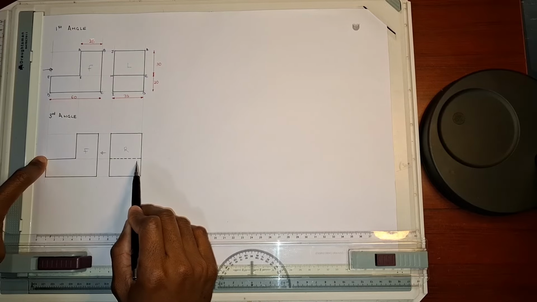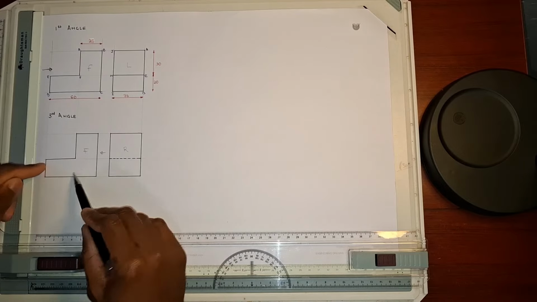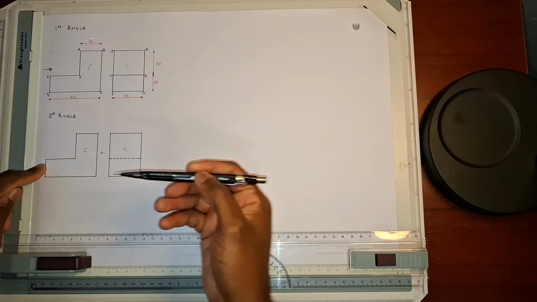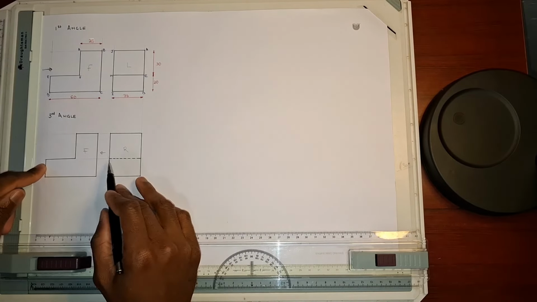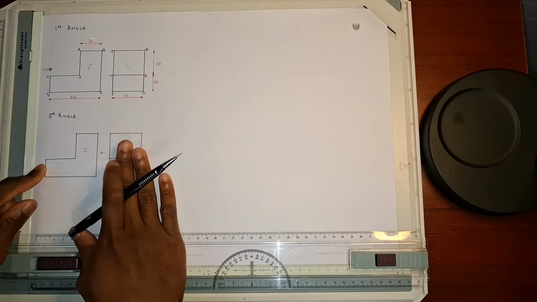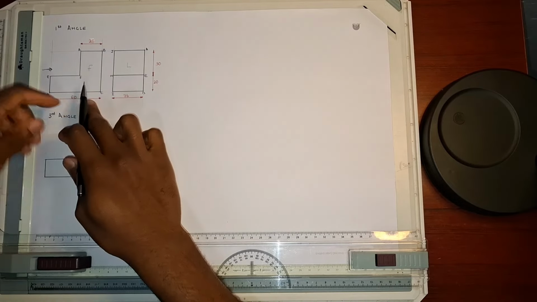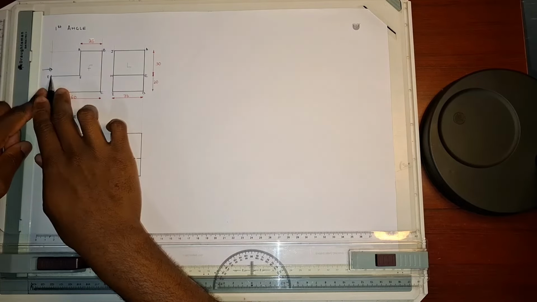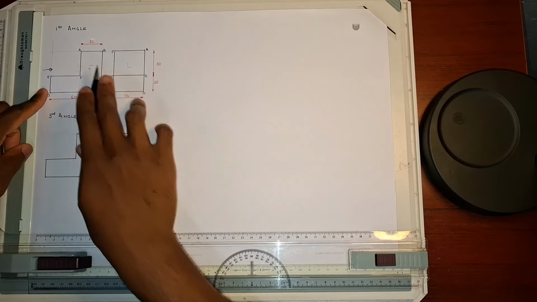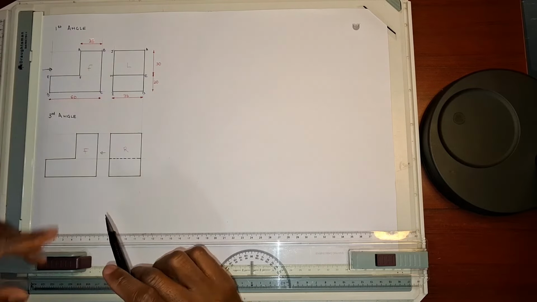That's why it's dotted lines. You won't be able to see that line, because you're observing the drawing from the right side. So that's why it's a dotted line, and this one makes it the right view. When you observe this one from the left side, you can see that line, you can see this line, you can see that line, then this one is the left view, right?